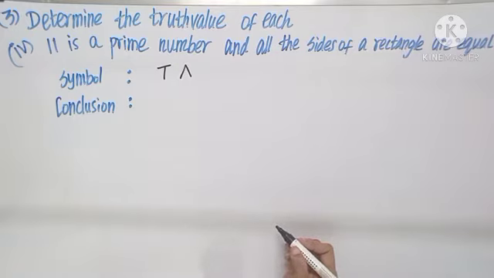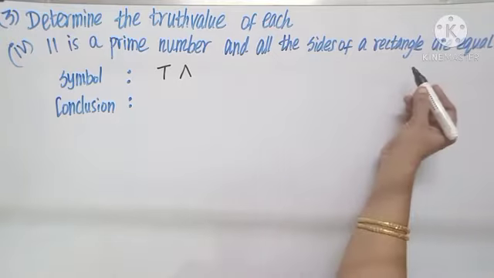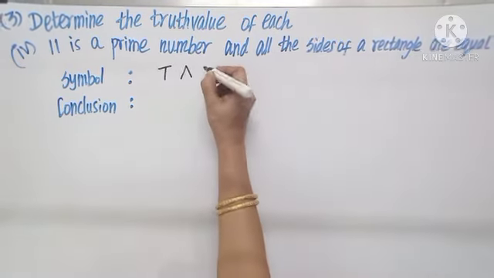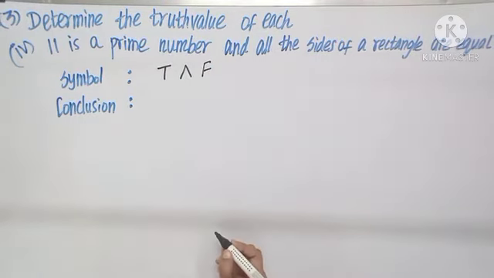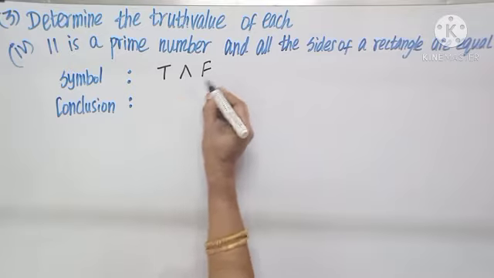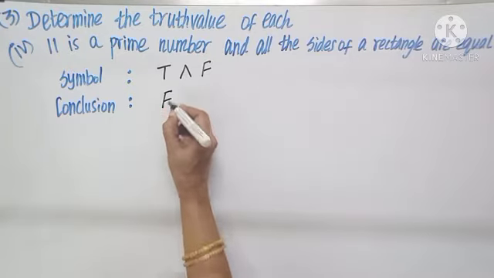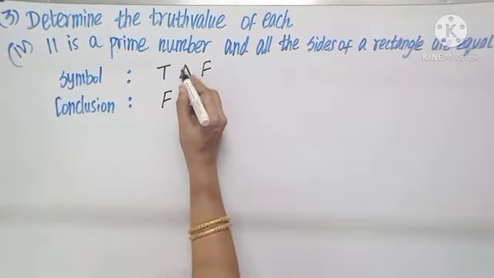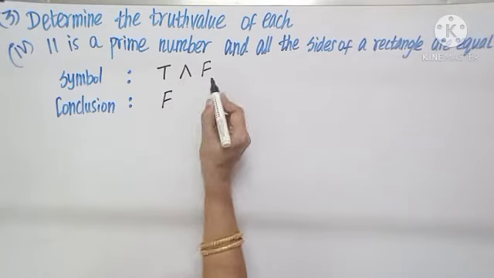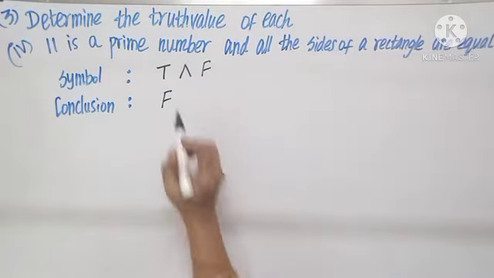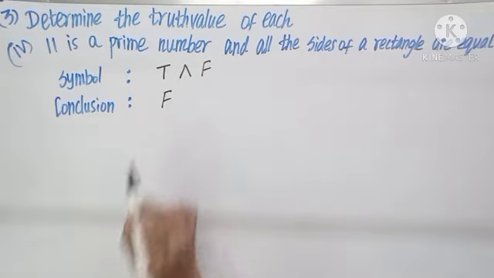No. All the sides of a square are equal, all the sides of a rhombus are equal, but all the sides of a rectangle are not equal. So it is a false statement. T and F. My answer is also F, because when and comes and both are true, my answer is true. Now T and F comes, so the final answer is F.